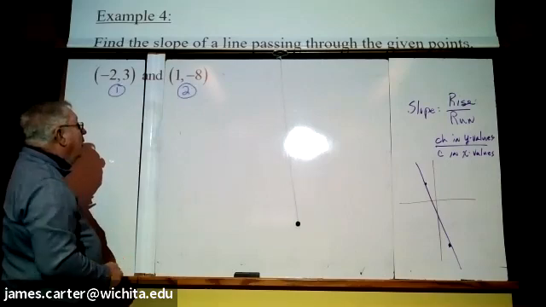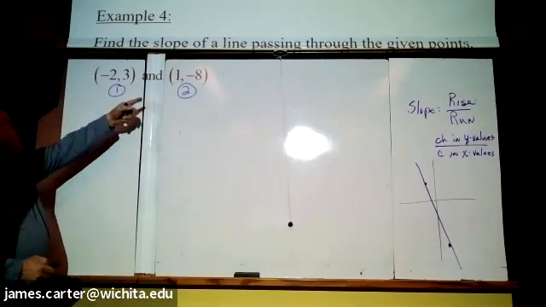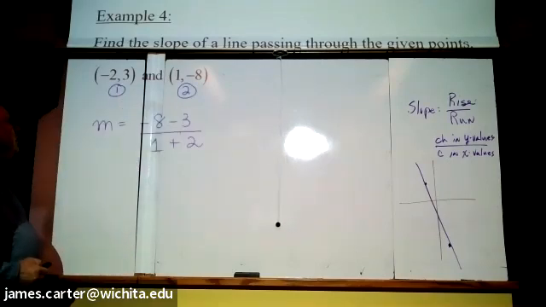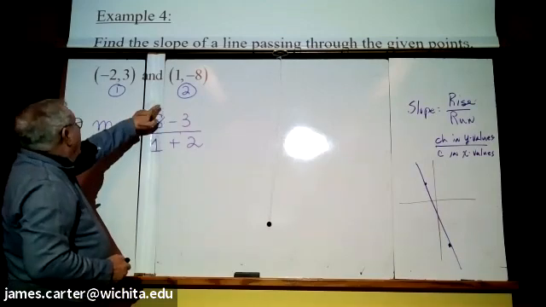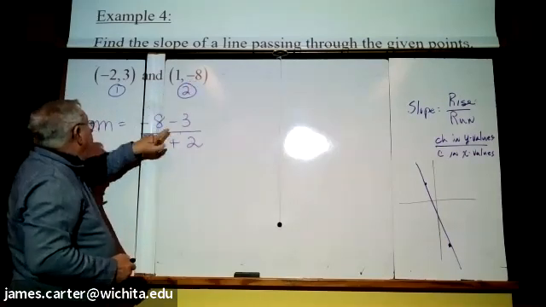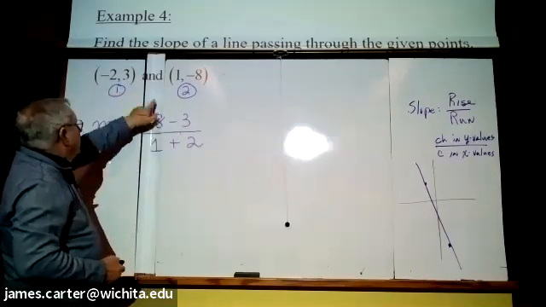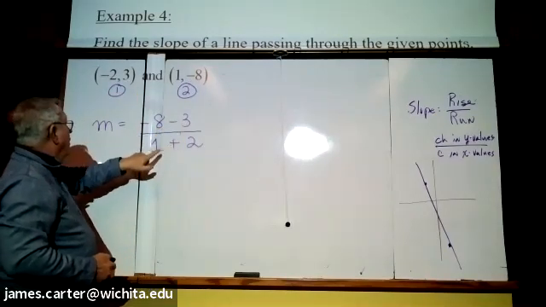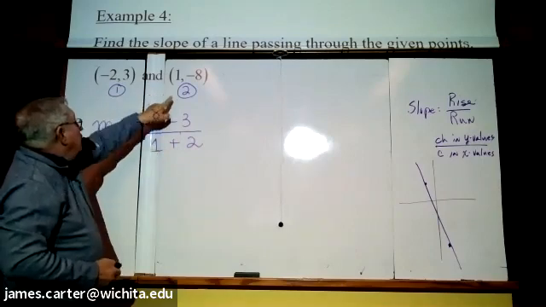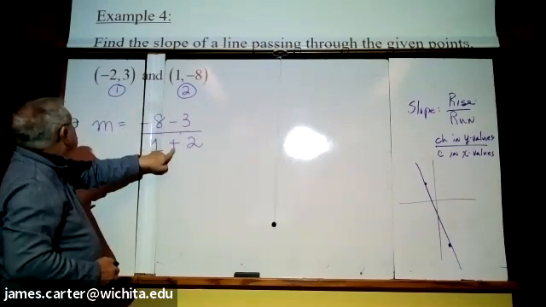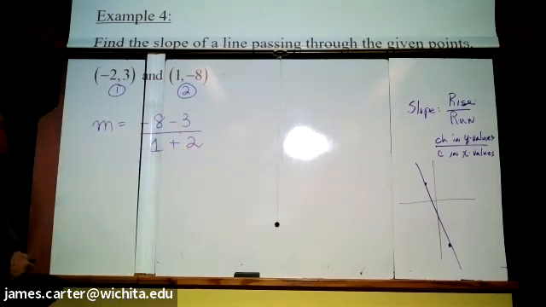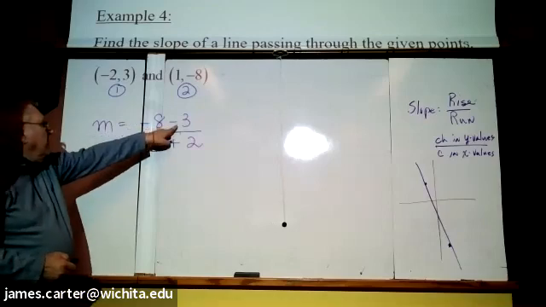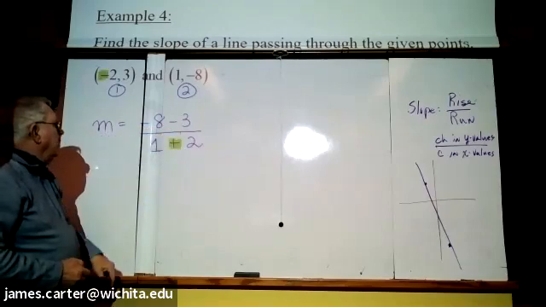So, we're just calling these point 1 and point 2. So I take the y value of point 2 minus the y value of point 1 over the x value of point 2 minus a negative, the x value of point 1. Okay, I simplify this. I get -11 over 3.